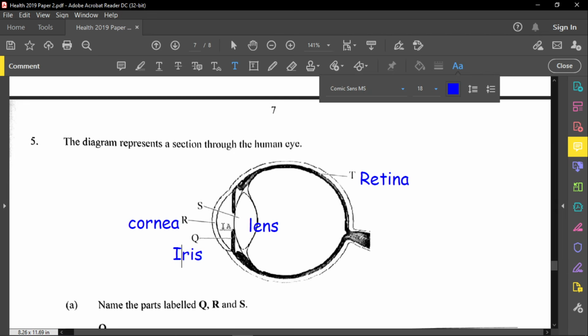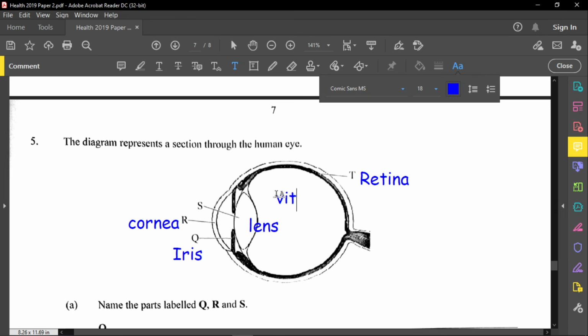And remember in this space right here, after the cornea, you have the aqueous humor, and then the space between the iris is the pupil, and then the lens is connected to what they call a suspensory ligament, and then you have a ciliary muscle, and then this big space right here is called the vitreous humor. All right, I could just actually label that for you since you have a space there.